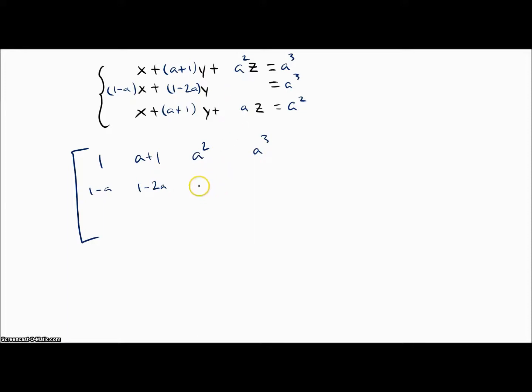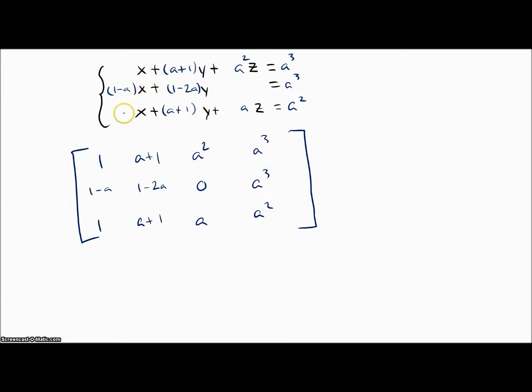And for z, there is no z in this equation, so z would have to be 0. And a cubed again. And in the next row I have 1, a plus 1, and then for z, a, and a squared.